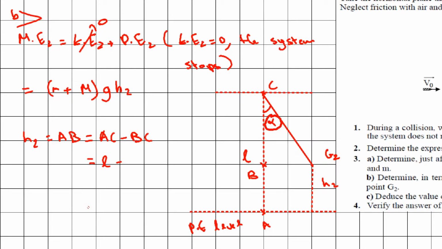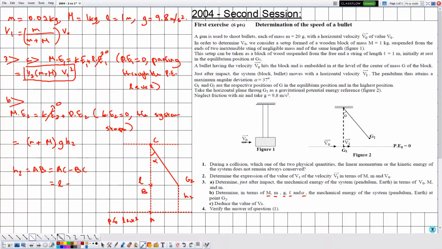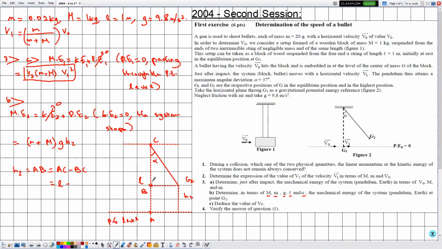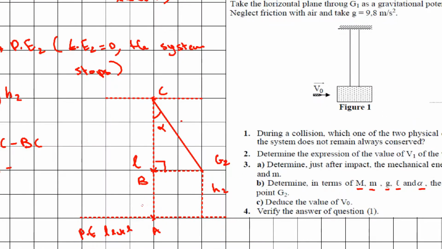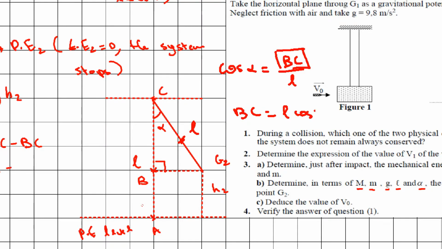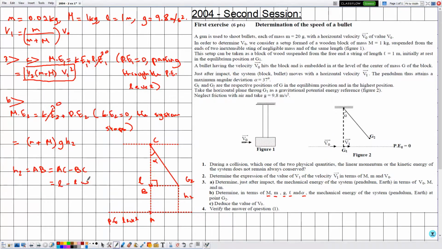If you complete this right triangle, this is the right angle and this is the hypotenuse, and BC with respect to alpha is a cosine. So cosine alpha is equal to BC divided by L. If we rearrange for BC, then BC is given by L cosine alpha, so L minus L cosine alpha. Taking L as a common factor, it would be L into 1 minus cosine alpha.